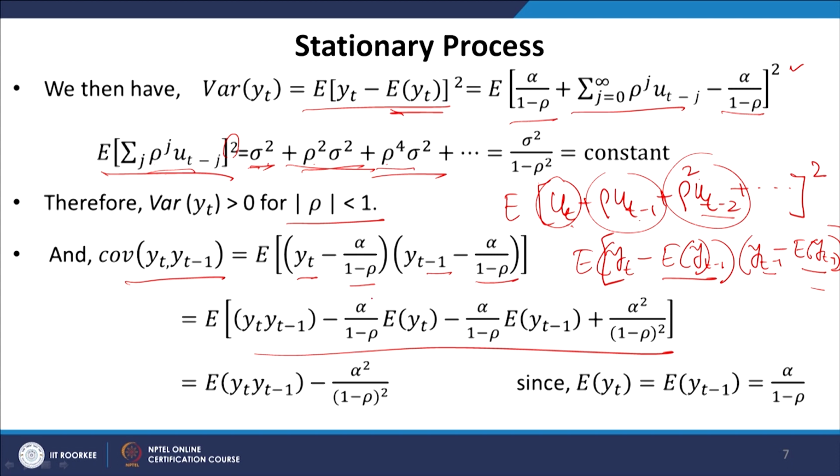So, we have alpha square 1 minus rho square minus alpha square 1 minus rho square. So, we have actually minus 2 alpha square 1 minus rho square and 1 alpha square divided by 1 minus rho square. Therefore, we have finally expected value of yt minus 1 as it is coming here, minus alpha square 1 minus rho whole square.